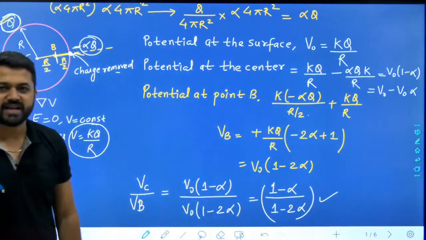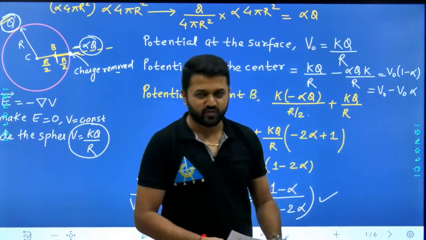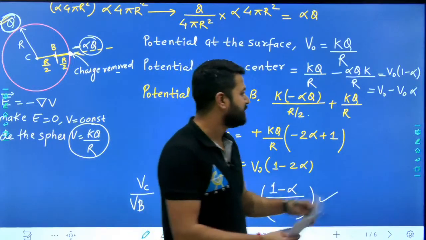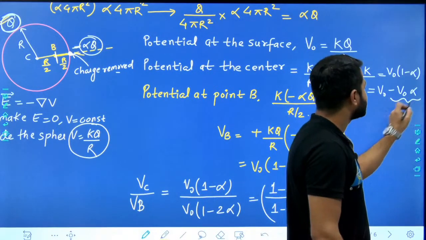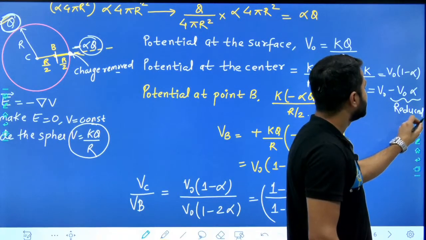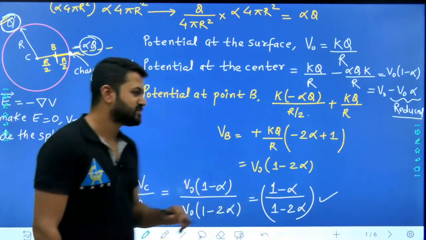What is the potential at the center? That was V naught, and it is reduced by, because there is a minus sign, V naught alpha. Clear? Reduced by V naught alpha.